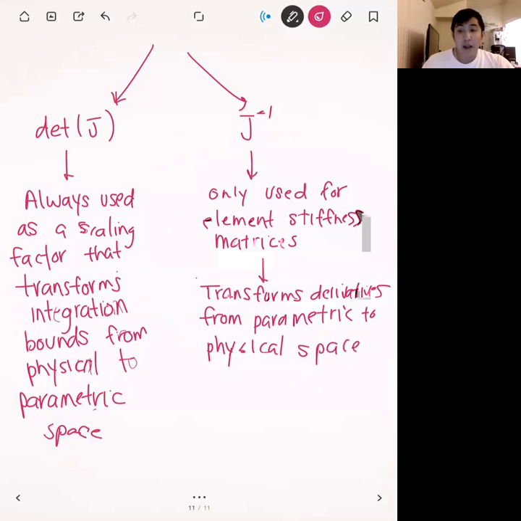This is something we need for our element stiffness matrices, because that's the term we're being asked to evaluate. Transforming those derivatives is quite a bit more complicated, so that's why we need the Jacobian inverse matrix.